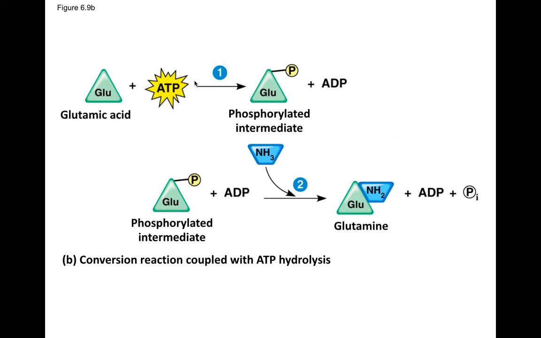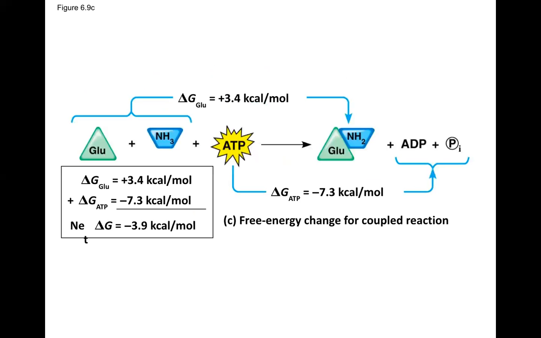ATP hydrolysis produces a phosphorylated intermediate. In a second step, this phosphorylated intermediate is turned into the final product. So the two reactions are coupled: ATP hydrolysis and the synthesis of glutamine. ATP hydrolysis releases 7.3 kilocalories per mole.